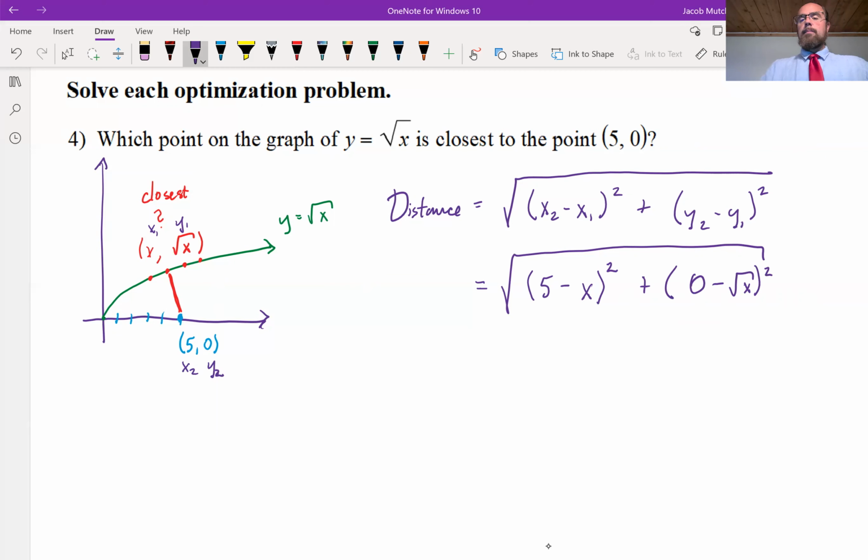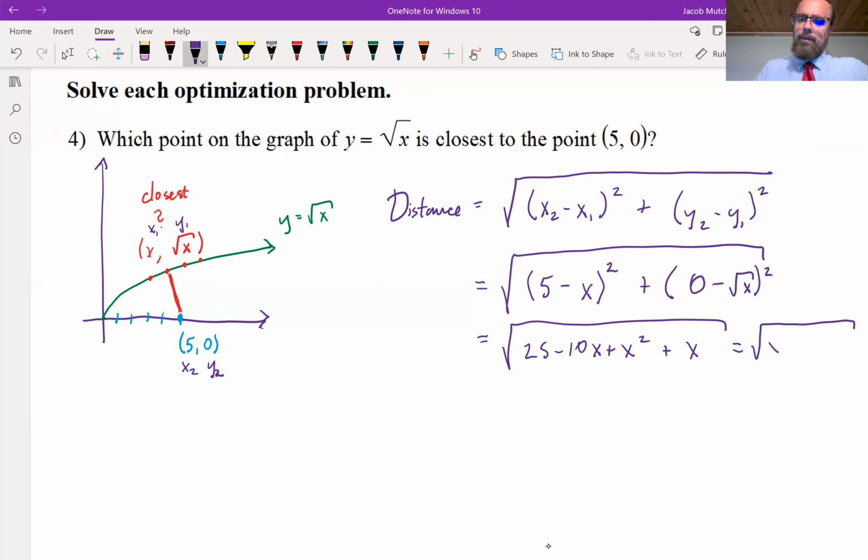So that's a setup. At this point, we just need to simplify that. That's the square root of 25 minus 10x plus x squared plus negative square root of x squared, which is going to be just x. And so our function here for the distance is going to be the square root.